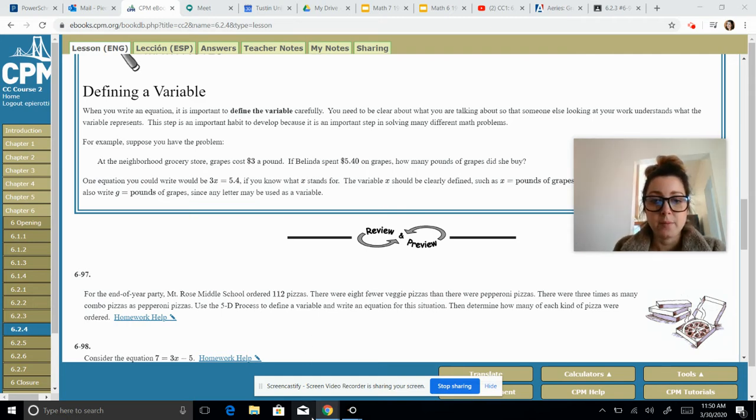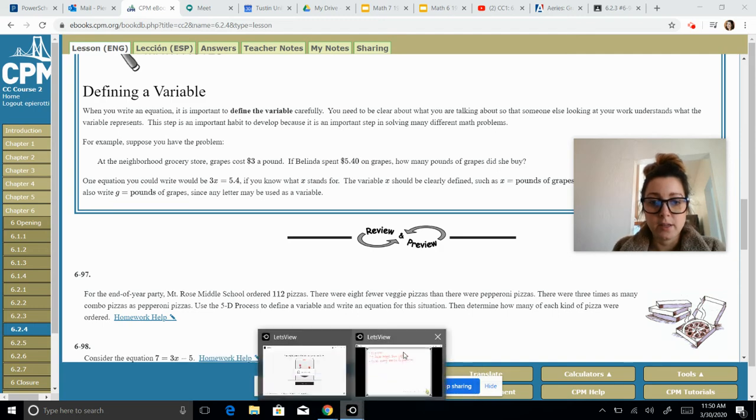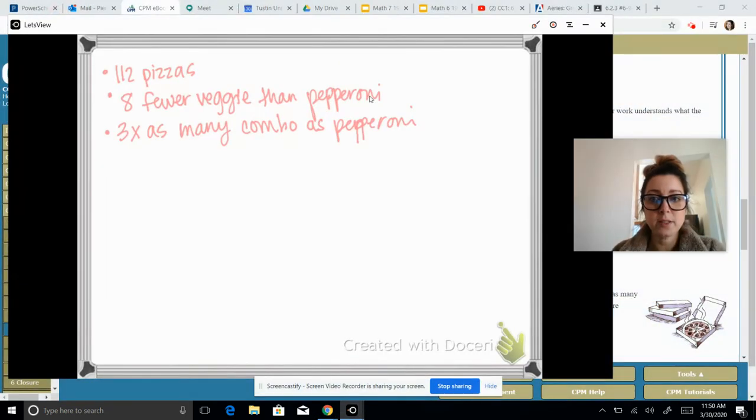So I'm going to go ahead and pull up my notes and see if you guys got something similar. So we said there was 112 pizzas, 8 fewer veggie than pepperoni, 3 times as many combo pizzas as pepperoni pizzas. So first thing that I'm looking at when I look at this problem is that one thing is sticking out as our variable.